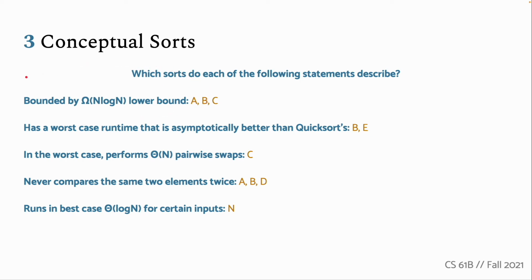Which ones are bounded by omega of n log n? So omega of n log n means that it can never be faster than n log n. In this case, the answers are quick sort, merge sort, and selection sort. Technically, selection sort is actually lower bounded by n squared, but because this omega isn't necessarily a tight bound, it still qualifies.